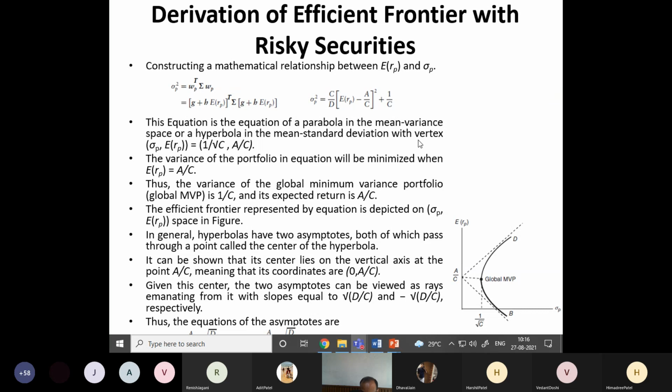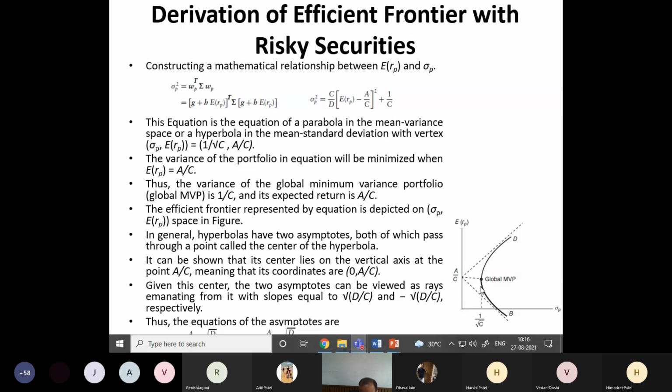So it gives us the vertex of this hyperbola at this point, 1 by under root C and A by C. Here it is plotted. This is the vertex of this hyperbola, point 1 by under root C on the x-axis and A by C on the y-axis.